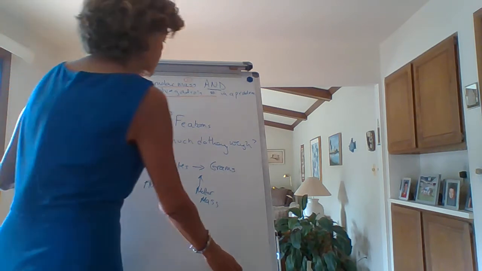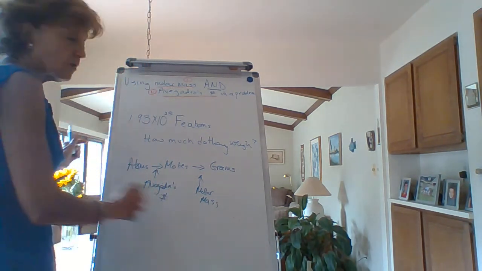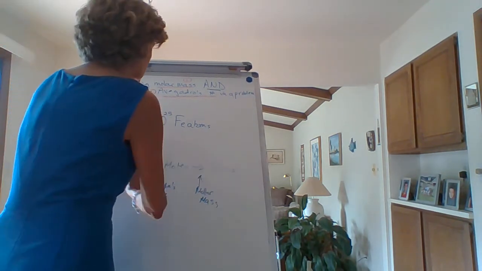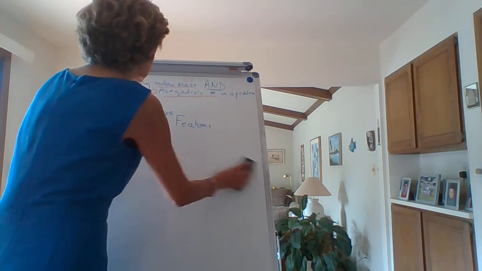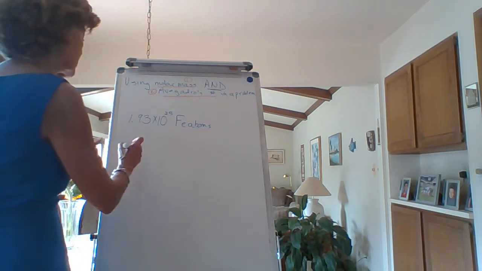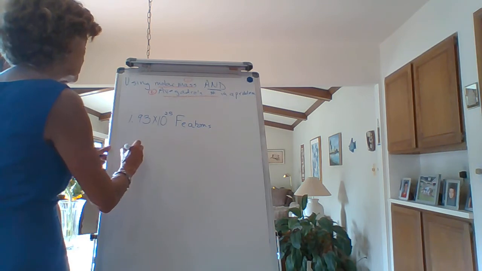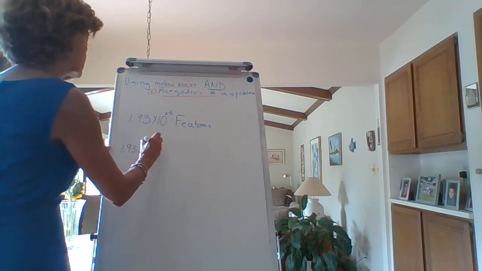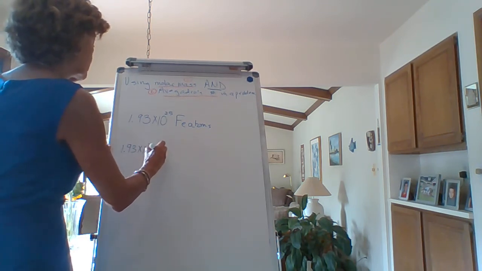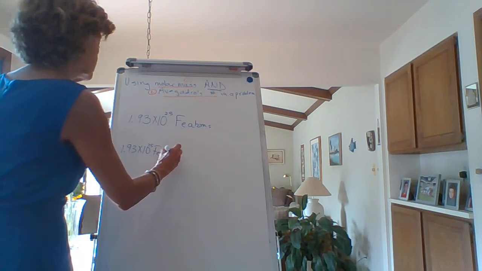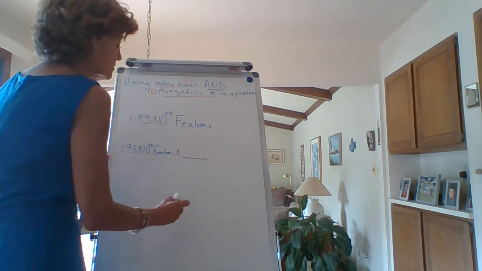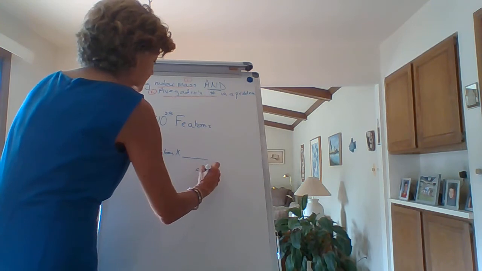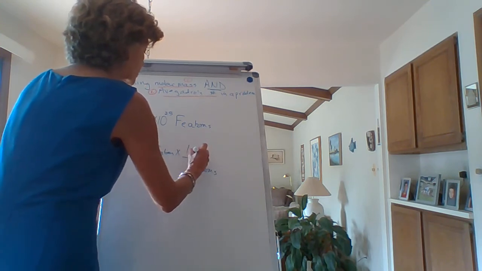All right, so let's do our setup. I'm going to erase this and start off with the 1.93 times 10 to the 25 iron atoms. I want to get rid of atoms, so I'm going to put atoms down here. I'll put 1 mole up here.